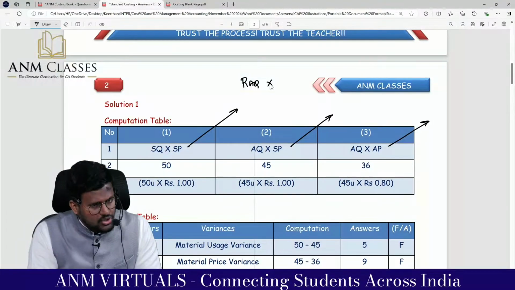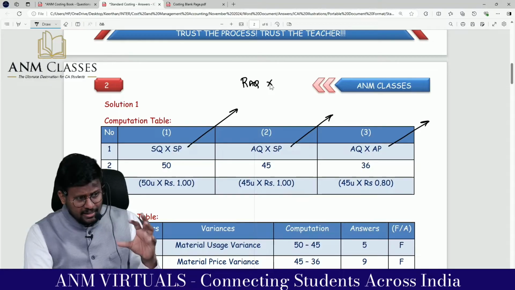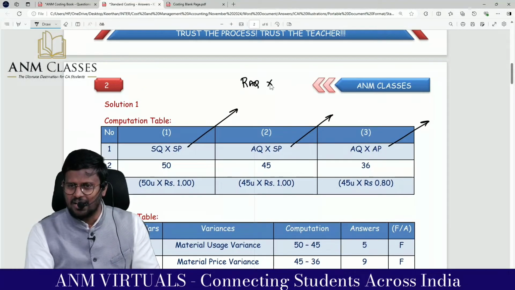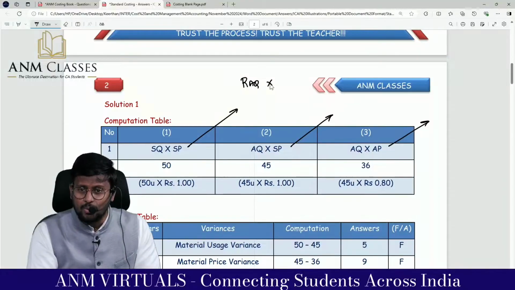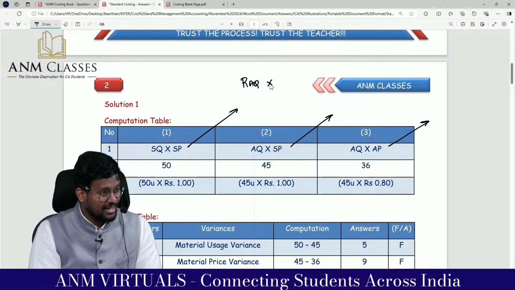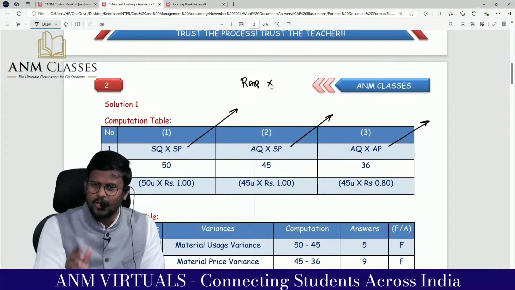Standard quantity into standard price, actual quantity into standard price, actual quantity into actual price. The main important thing you should understand is that I am calculating the variance for one finished goods. Just for 1 unit of finished goods we are solving the sum, right?